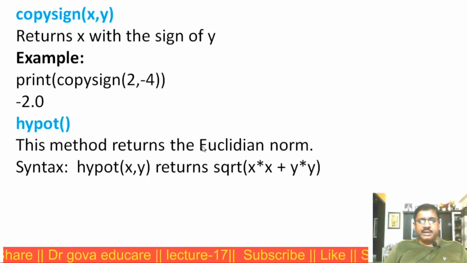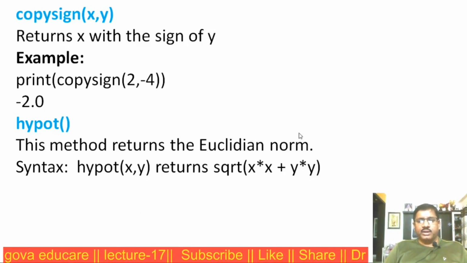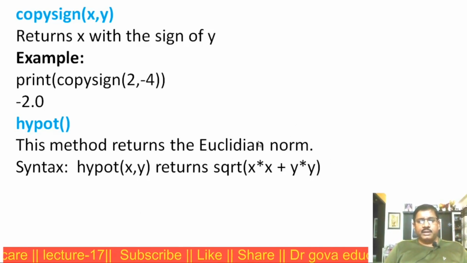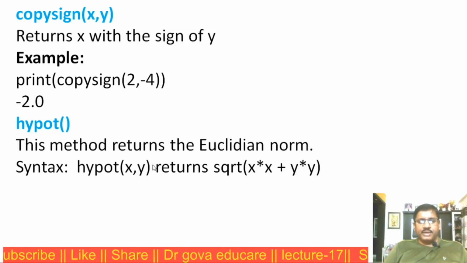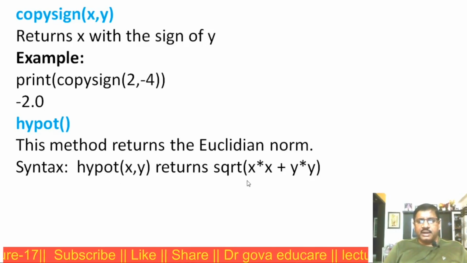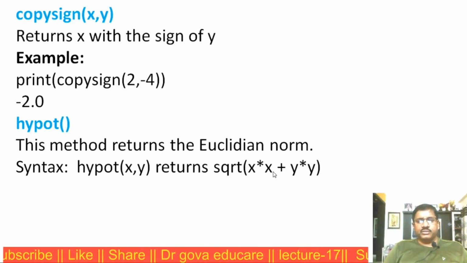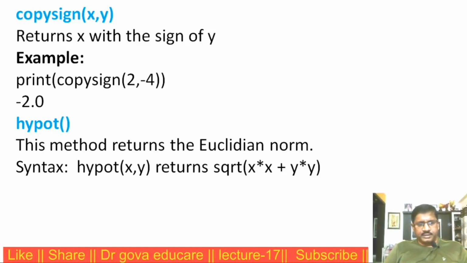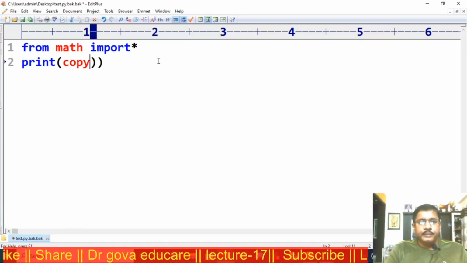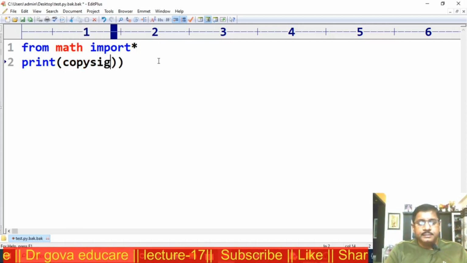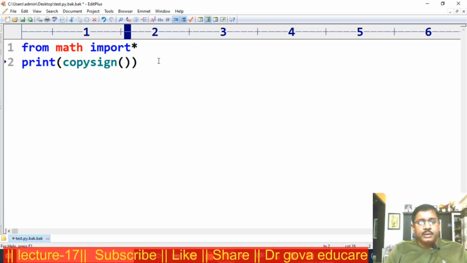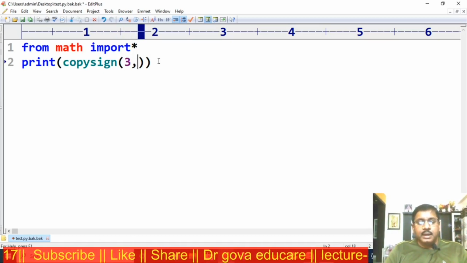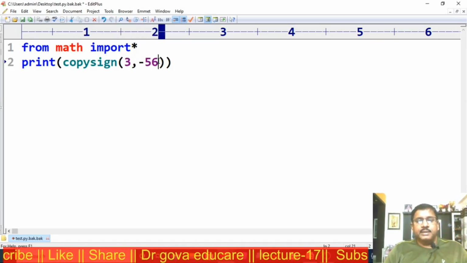Next function, the hypot method. This method returns the Euclidean norm. This is the syntax, hypot of x comma y, that is this function returns the square root of x square plus y square. Copysign of 3 comma minus 56.